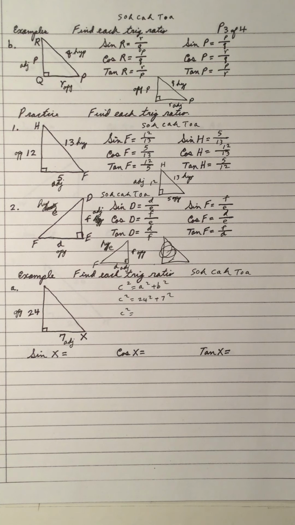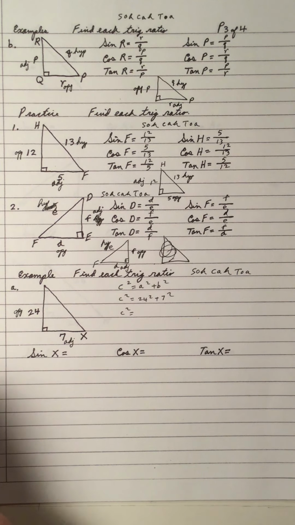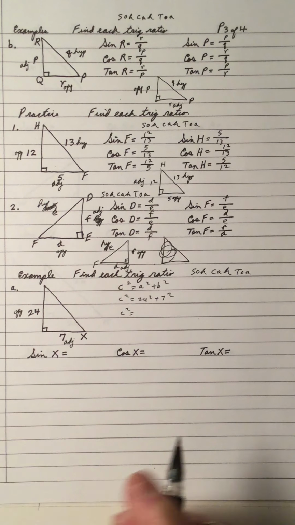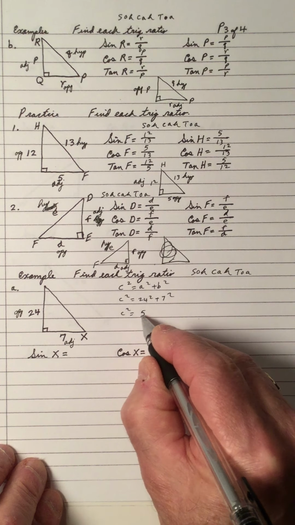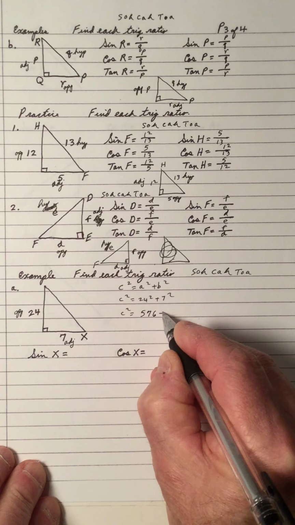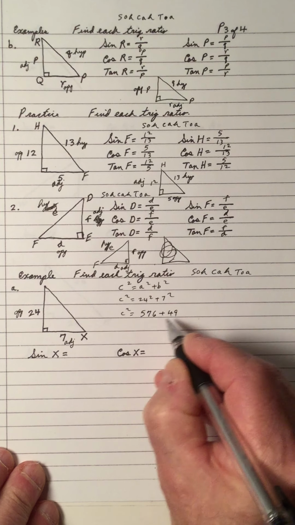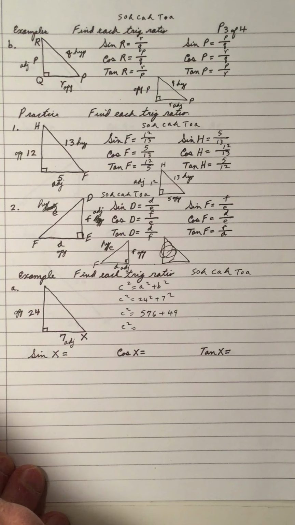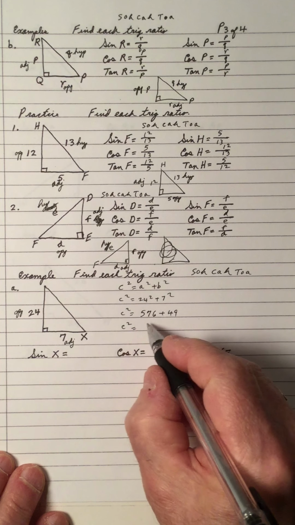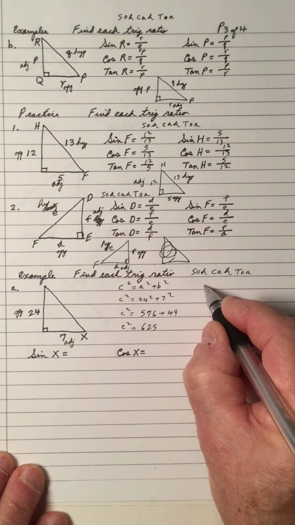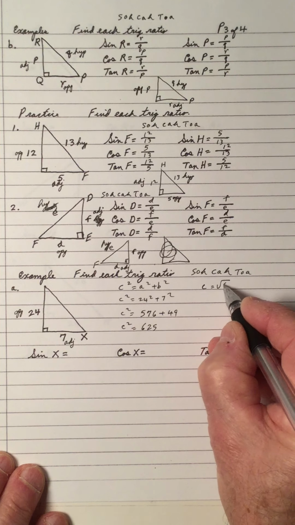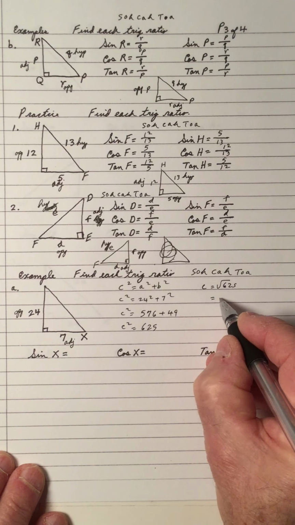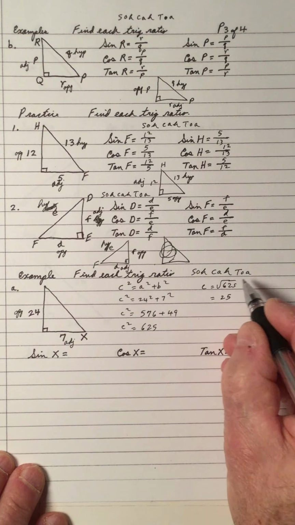I could multiply it out, but it's just as quick to use the calculator because I don't have 24 squared memorized. 24 squared is 576. 7 squared, 7 sevens are 49. So C squared is, you're going to add on the 49. You're going to get a 625. So C is the square root of 625, and that gives you a 25 when you do the square root.